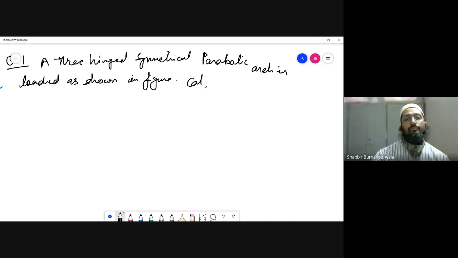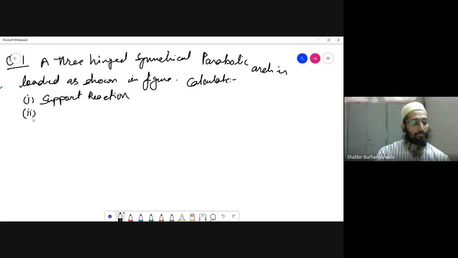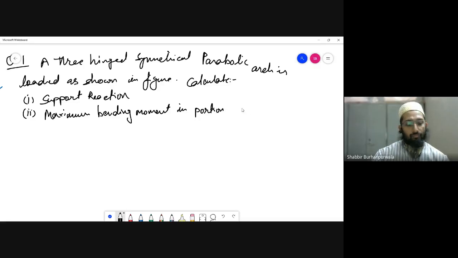Calculate first support reaction, then maximum bending moment in portion AC and BC. Draw BMD.